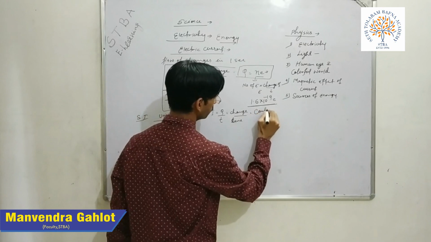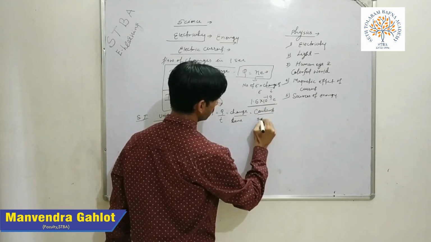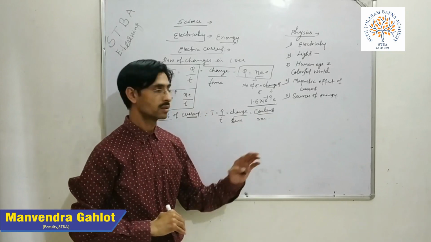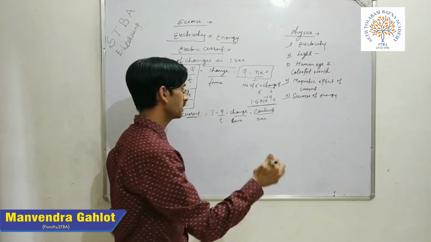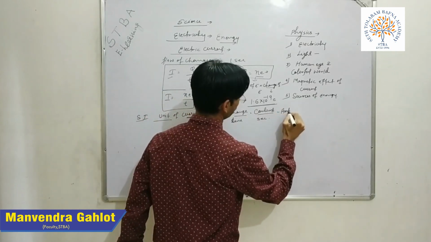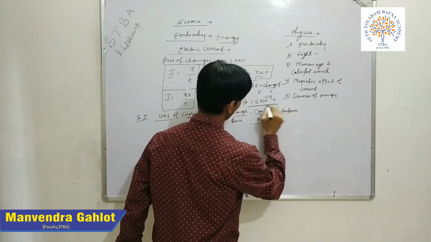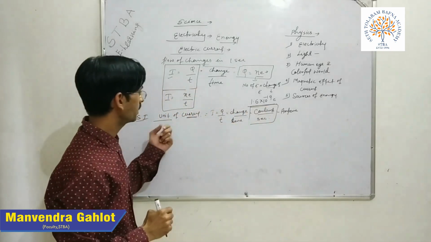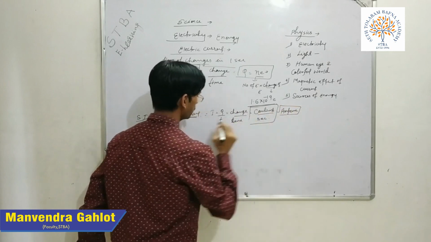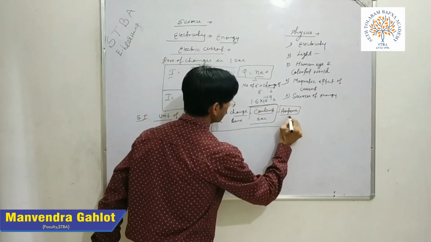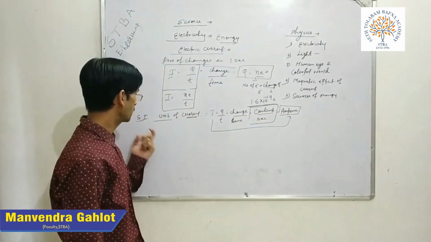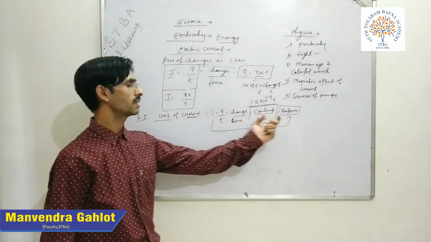Coulomb. Coulomb upon second, that means ampere. Now what is the SI unit of electric current? Ampere. So for I, that means current, the SI unit is ampere.